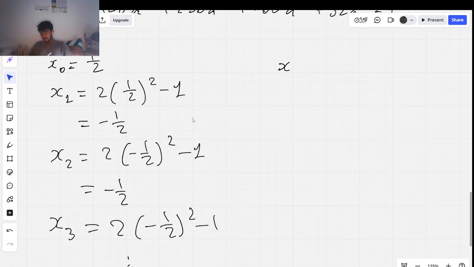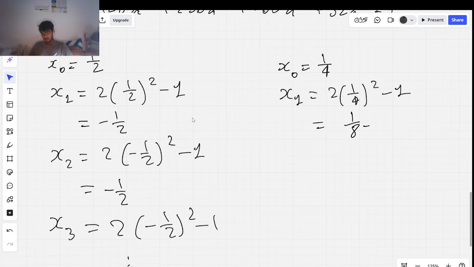x naught is equal to... let me think of a different fraction. A quarter. So x1 is equal to 2 times (1 over 4) squared minus 1. This is equal to a 16th and an 8 minus 1, which is equal to minus 7 over 8. Is that correct?